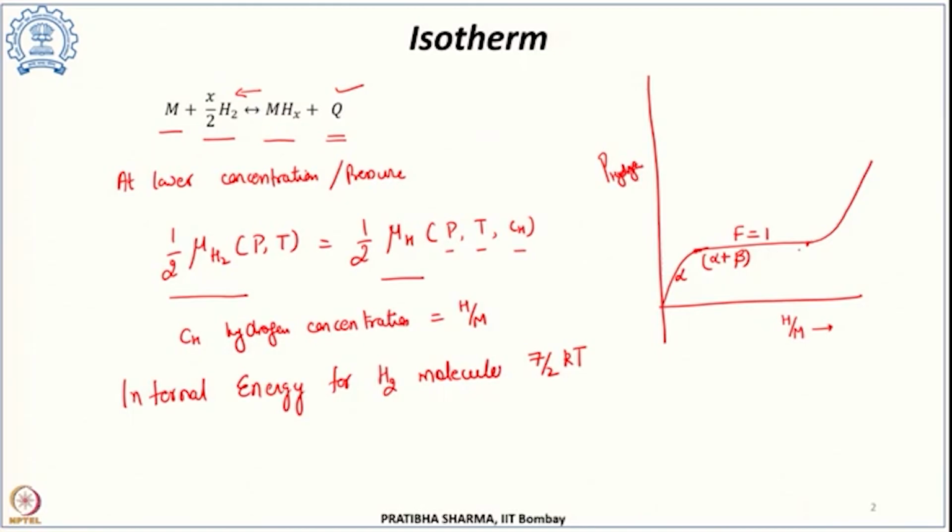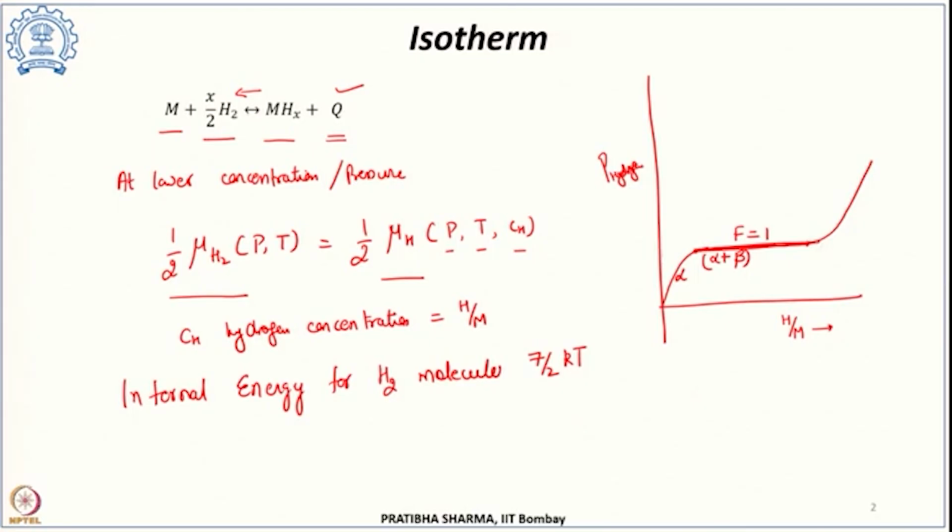Now, when F is equal to 1, that means the concentration keeps on increasing at a constant pressure. So, the concentration is increasing in this plateau with a constant pressure.